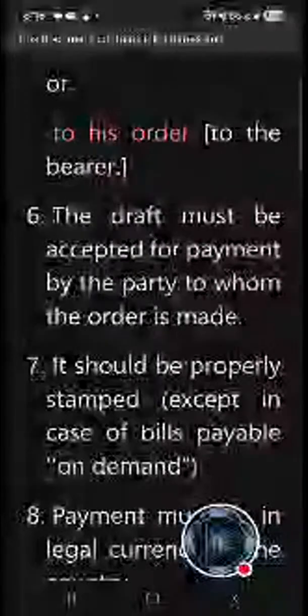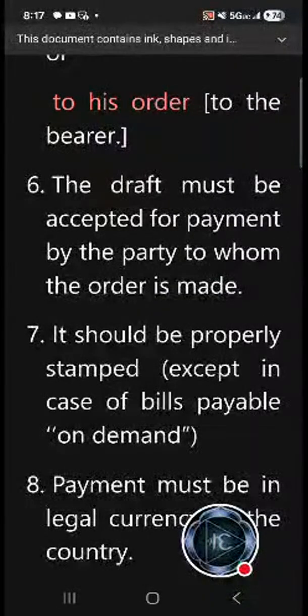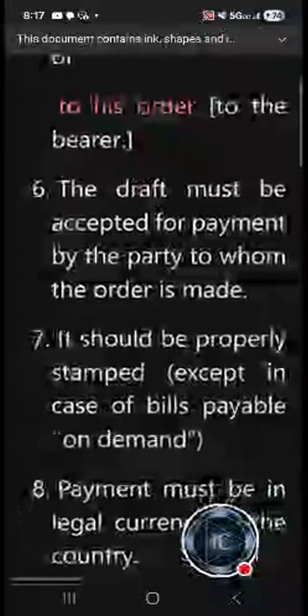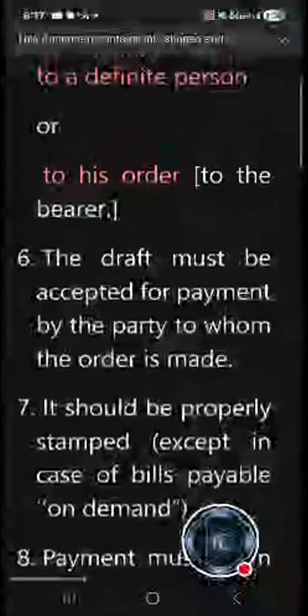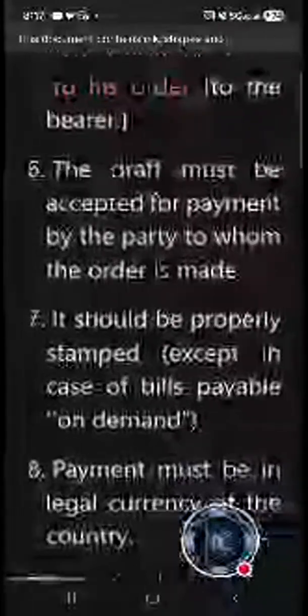And you write out a check saying in the pay section the account holder, to his order, to the bearer. Accounts receivable, they are the bearer of the note or the order, the draft to pay.